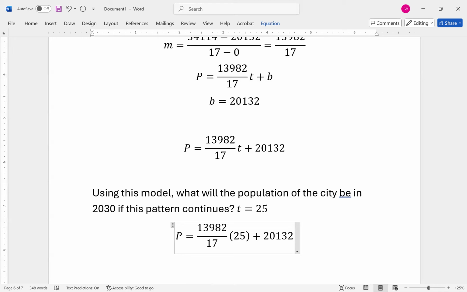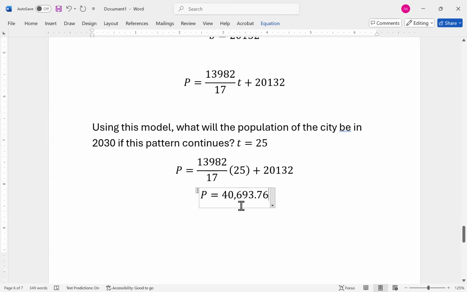So let's do that simplification. I ended up with 40,693.76. Now, again, population can't be a decimal technically with logic.